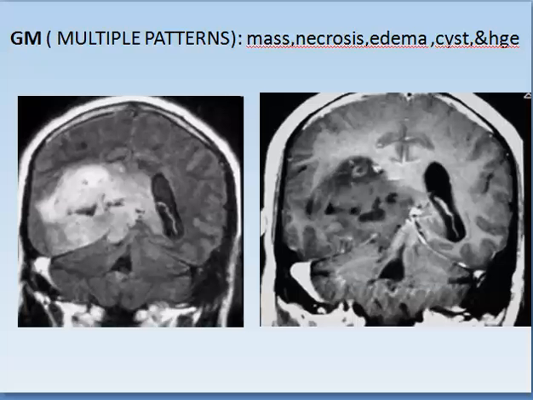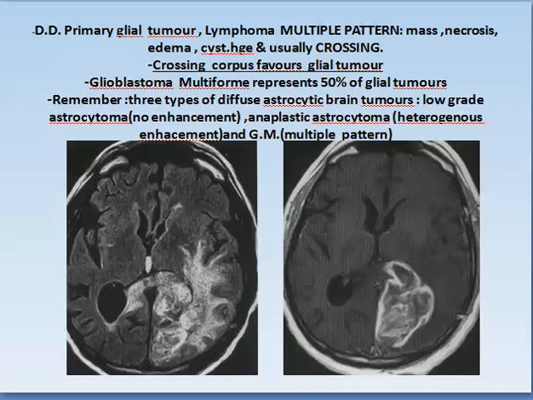In all the following slides, we will find this change: mass, necrosis, edema, cyst, hemorrhage, crossing to the other side, and crossing the corpus callosum favors glial tumor, glioblastoma multiforme. This represents a good percentage of glial tumors in adults.